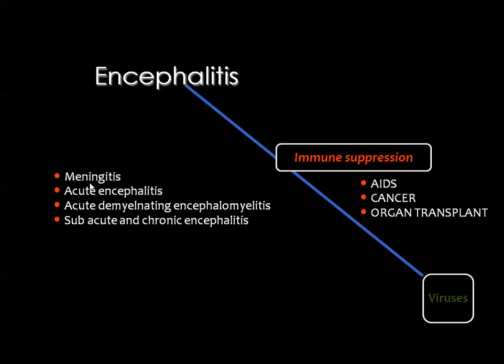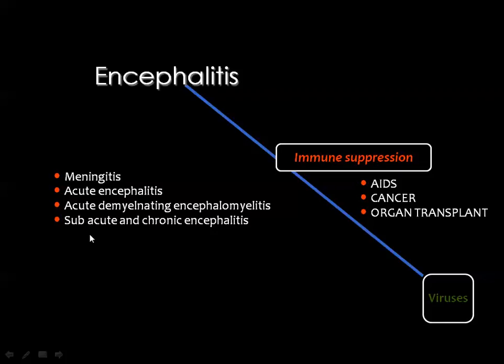They may affect the meninges, resulting in meningitis, affecting the brain parenchyma, resulting in encephalitis, or affecting both, resulting in meningoencephalitis. And this is one of the forms of viral infections of the brain, known as acute demyelinating encephalomyelitis or ADEM.